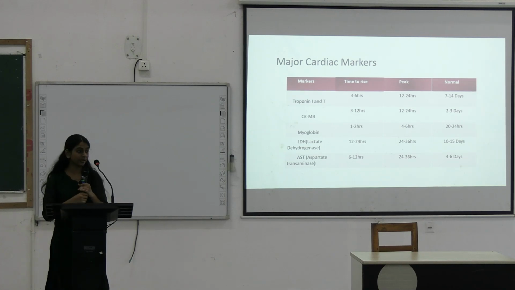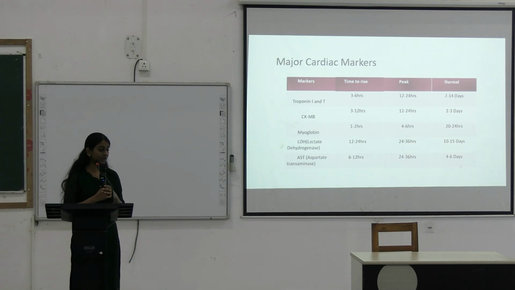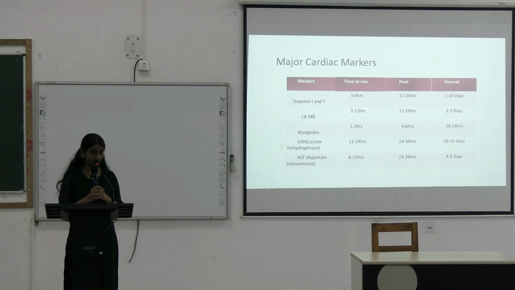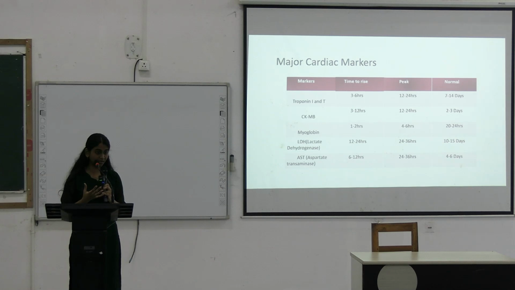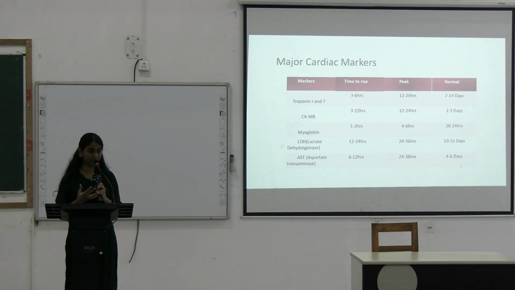Digging more into the mechanism of how cardiac markers are released in the blood: whenever cardiac muscle gets injured, as in the case of myocardial infarction, the cardiac muscles are compromised because of, say, ischemia of the heart or cardiac muscles, or necrosis, or hypoxia.